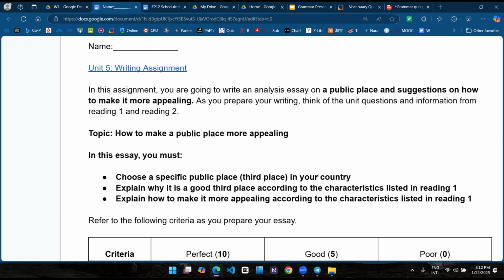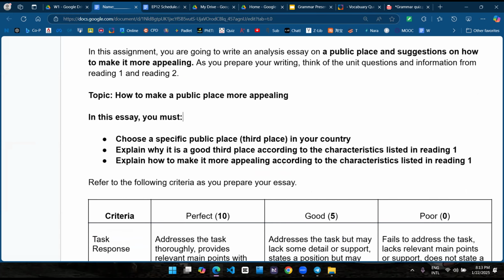You can either choose Olympic Stadium, a coffee shop in Cambodia, the riverside, or whatever place you want to write about. Explain why it is a good third place according to the characteristics listed in reading 1.